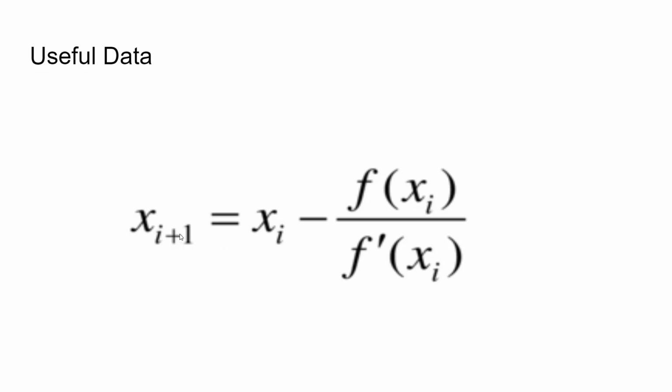So x(i+1) represents the value of the variable for the current iteration, whereas x(i) is the value of the variable for the previous iteration, and f of x(i) is the value of the particular expression. f dash of x(i) is the derivative value of the particular function. So using this information, let us solve the problem.